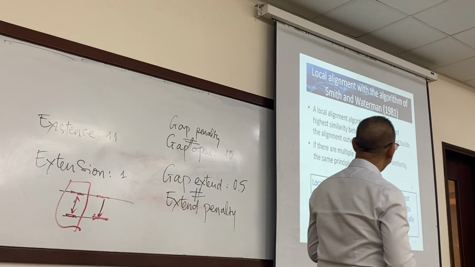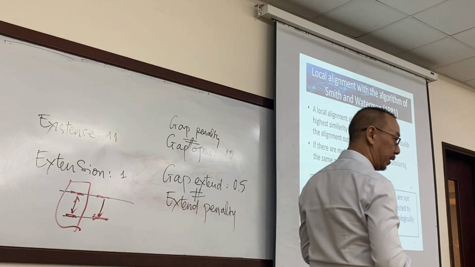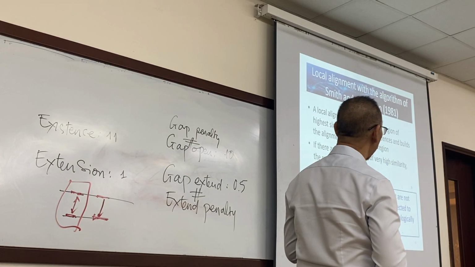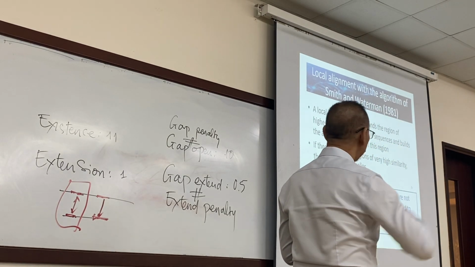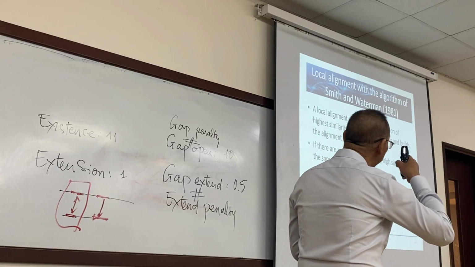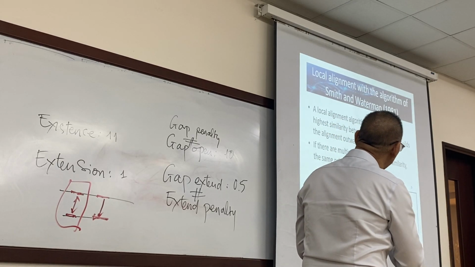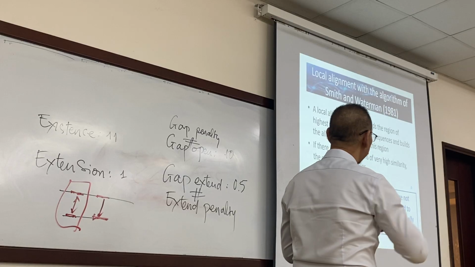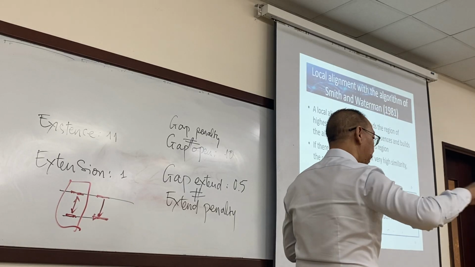For local alignment, find the region of the highest similarity between two sequences and build the alignment around that region. So find the high similarity first and then compare in both directions.